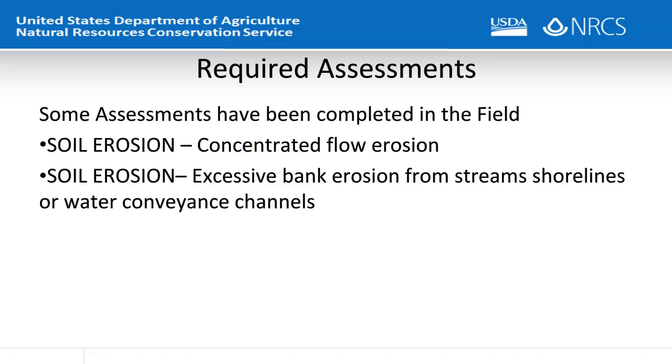For soil erosion, excessive bank erosion from streams, shorelines, or water conveyance channels, we use the observation method to determine that streams were present for screening, and the procedural method to determine that the bank condition score from SVAP2 did not meet the planning criteria for the assessment.